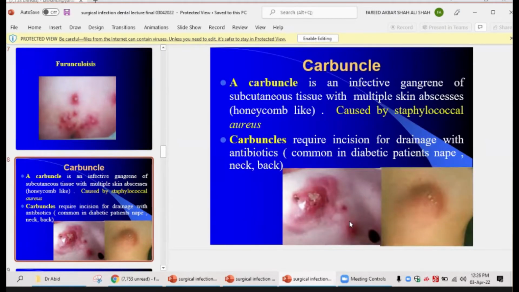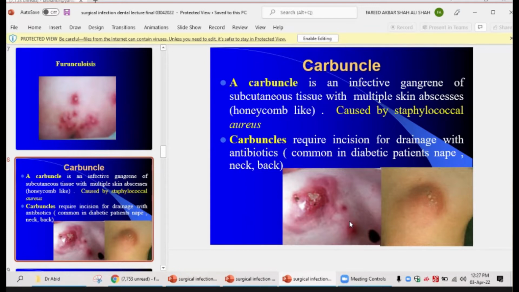This is a carbuncle, which is one of the very important surgical diagnoses of infection. Usually it is seen in diabetic patients, usually at the nape of the neck or the back of the upper back. You can see the difference between a furuncle or furunculosis and a carbuncle. In a carbuncle there are multiple discharging points.